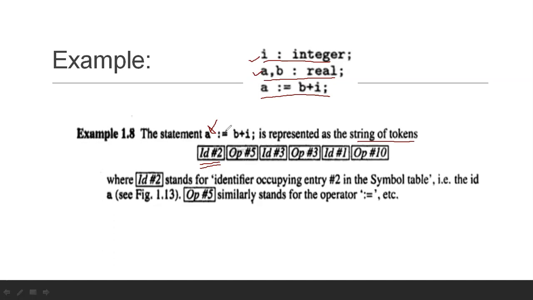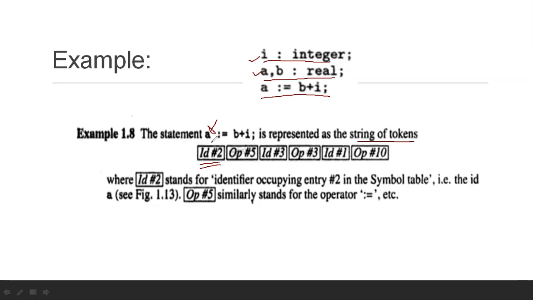Now you need to listen the previous lecture very carefully and make handouts. Write these tables so that in this lecture you will easily understand. Now I am just telling that ID has 2 is a symbol which is present in the symbol table at second location. But you will not understand what I am saying right now. So you need to write the symbol table in your notebook and see that.